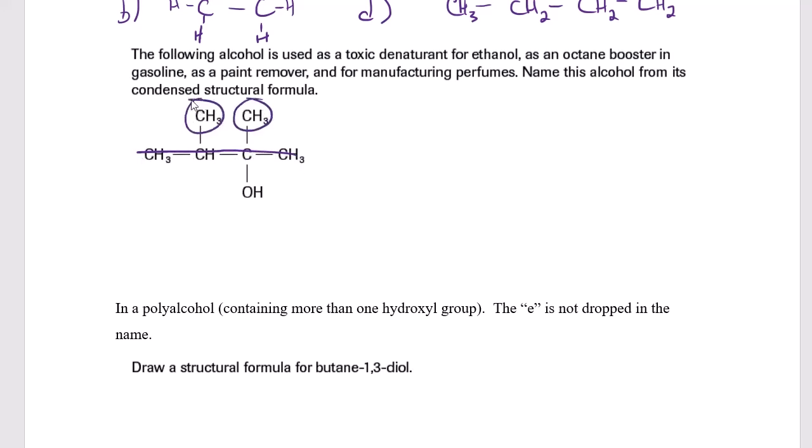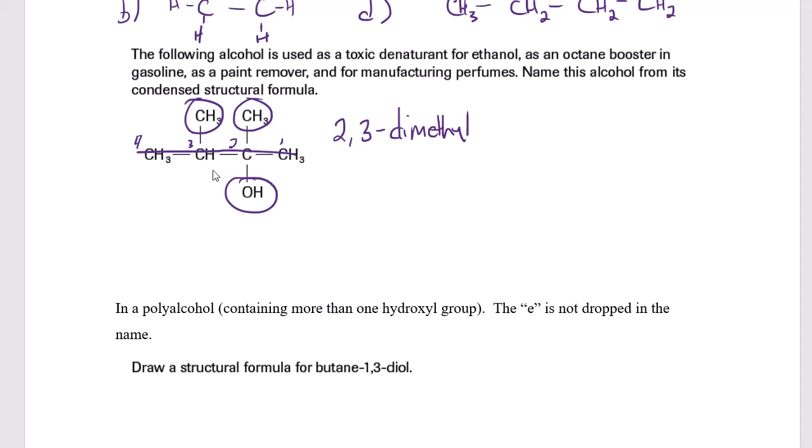We've got 2 methyl groups, and we've got a hydroxyl. Now we're going to start numbering on the right side because that's closest to the hydroxyl. And then I've got a methyl on carbon 2, a methyl on carbon 3. So 2,3-dimethyl. Did you forget the di?